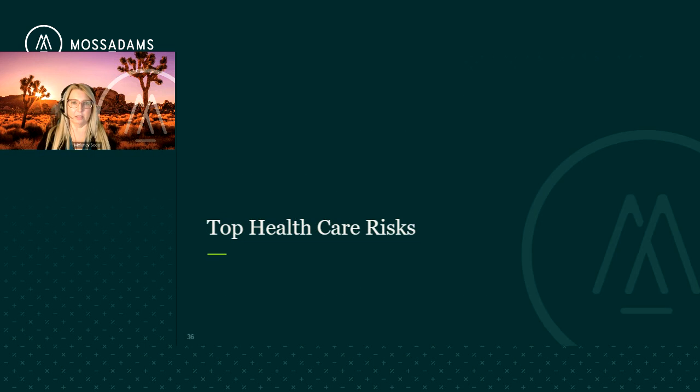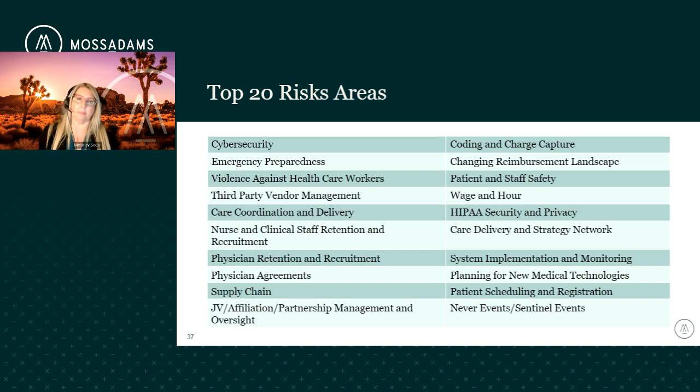Thank you. Okay, so with our last few minutes, I'm going to talk through some of the top healthcare risk areas that we're seeing, and see how this bumps up. And I will say again, as Tyler mentioned, as we've had throughout, it is always changing.